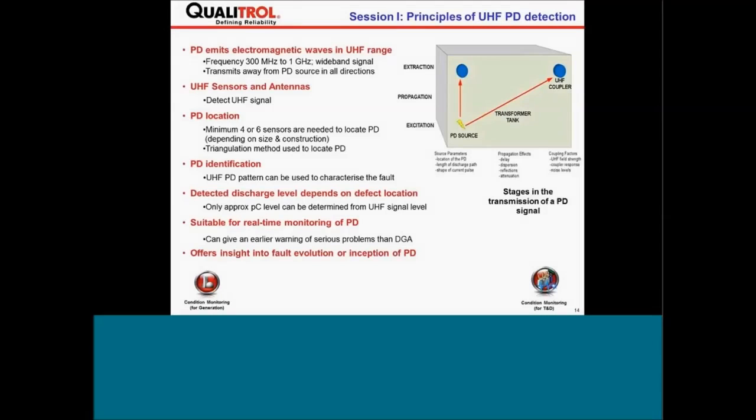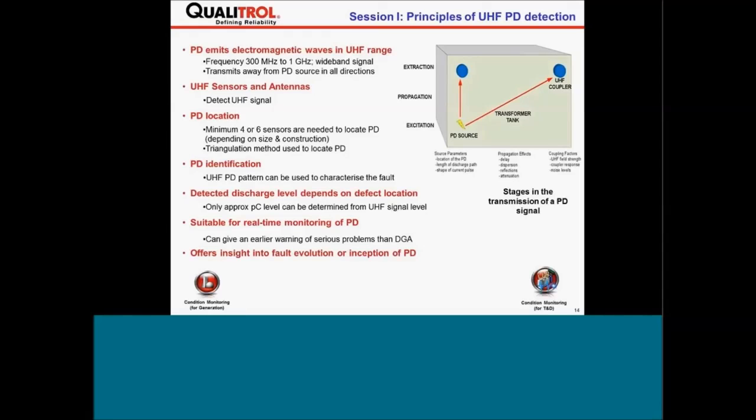It emits electromagnetic wave which propagates round the tank and reflects from the tank walls. Also, if you place a sensor, a UHF sensor, within the tank, then you can detect the UHF pulse.